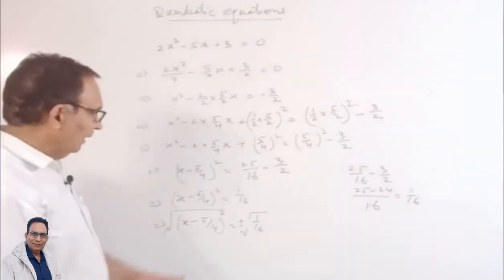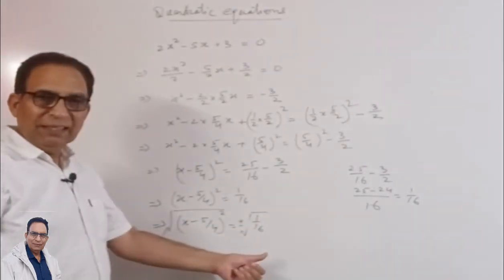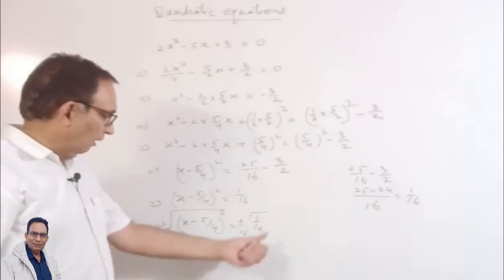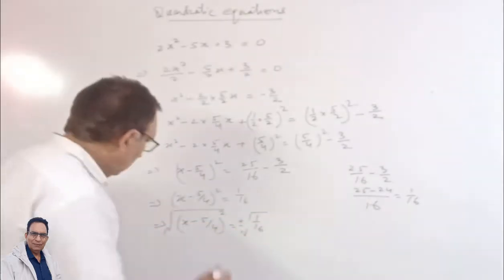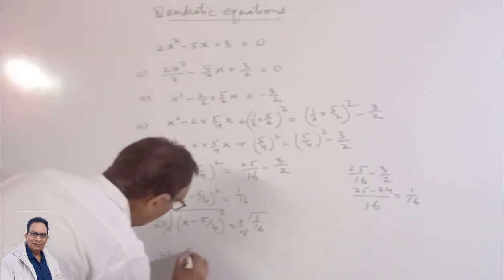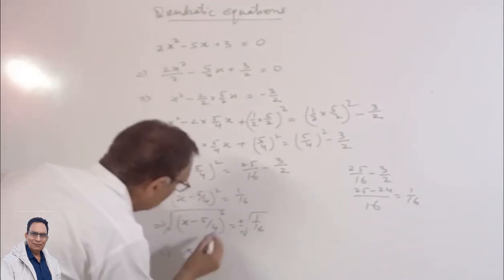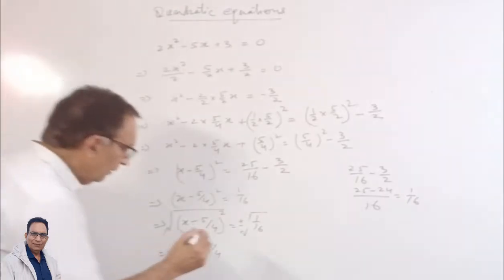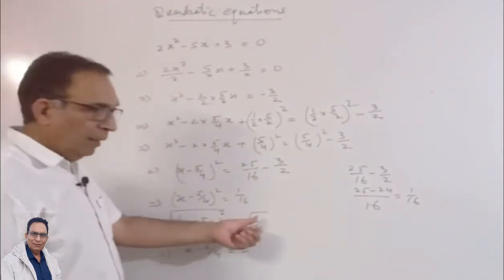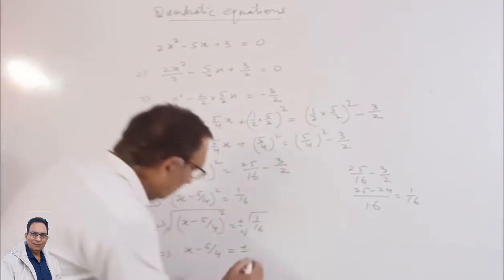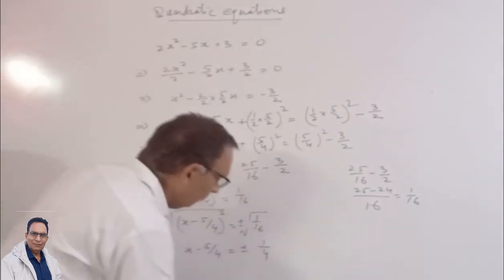Reason being, if you take the square of it, whether it is minus or plus, the value will be the same. So here I am writing further x minus 5 over 4, this part is cancelled, and equal to plus minus radical 1 is 1 and radical 16 is 4.